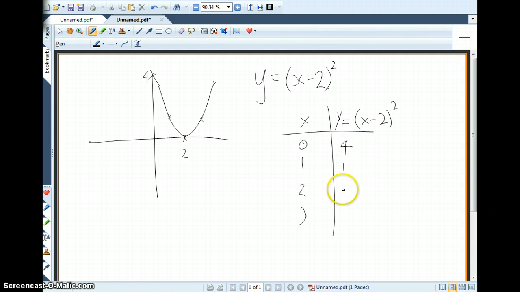Put 2 into here. 0 squared is 0. Put 3 into here. 1. Put 4 into here. 4. Okay, so if I plotted those 5 points, 0, 4 is that point, 1, 1 that point, 2, 0 that point, 3, 1 is that point, 4, 4 is that point. So it does actually work.